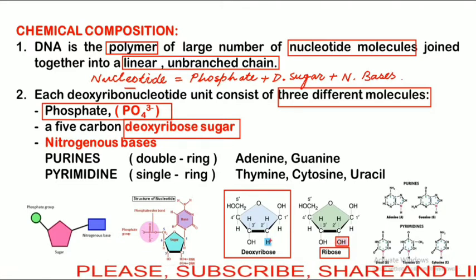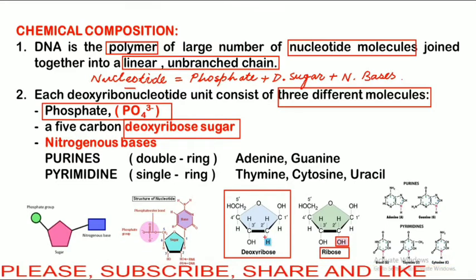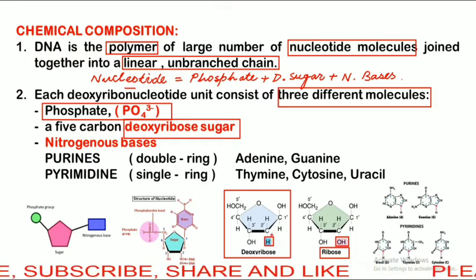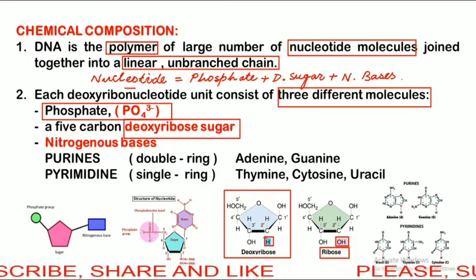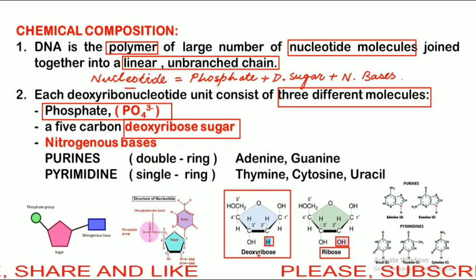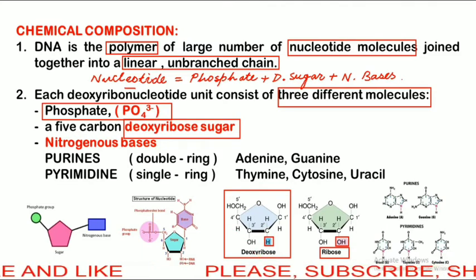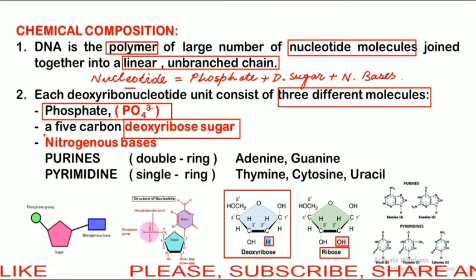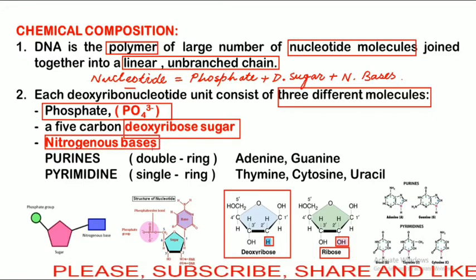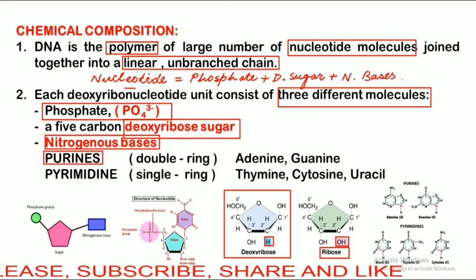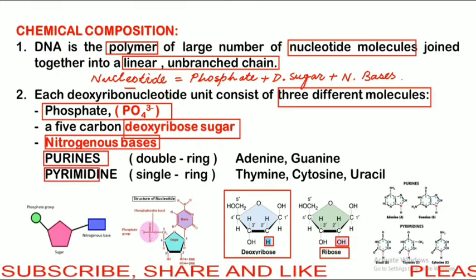This oxygen is not here at carbon second of deoxyribose sugar. That's why it is known as deoxyribose. Third component is the nitrogenous bases. They are of two types, purines and pyrimidines.